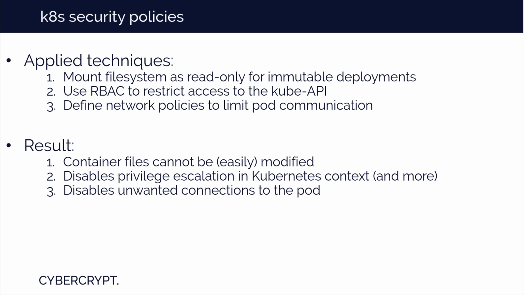So you could see that we could actually remove the first security control because we had excessive RBAC access. And the last thing we did was we shut the network down completely by applying this network policy. This disabled the reverse shell that we tried to make into the container.